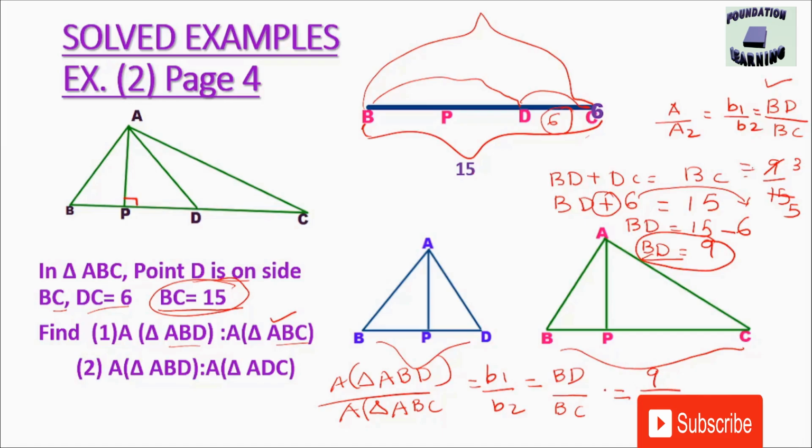How much is BC? BC is given as 15, it's there in the question. BC is 15. So 3 nines are 9 and 3 fives are 15. So the answer is 3 upon 5. So here you got the first answer, which is 3 upon 5.